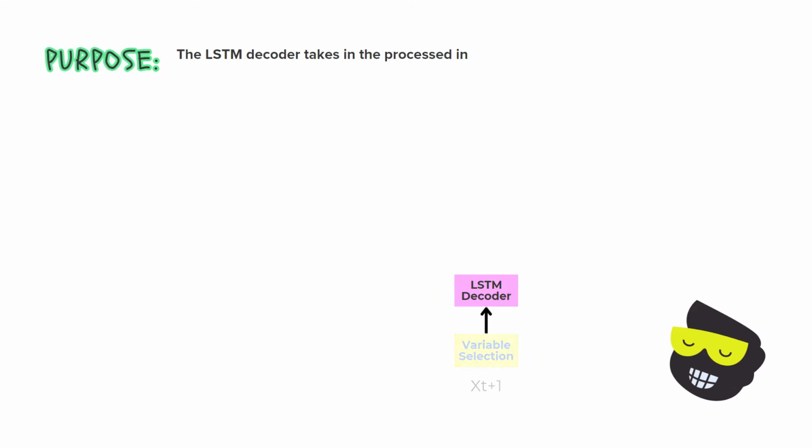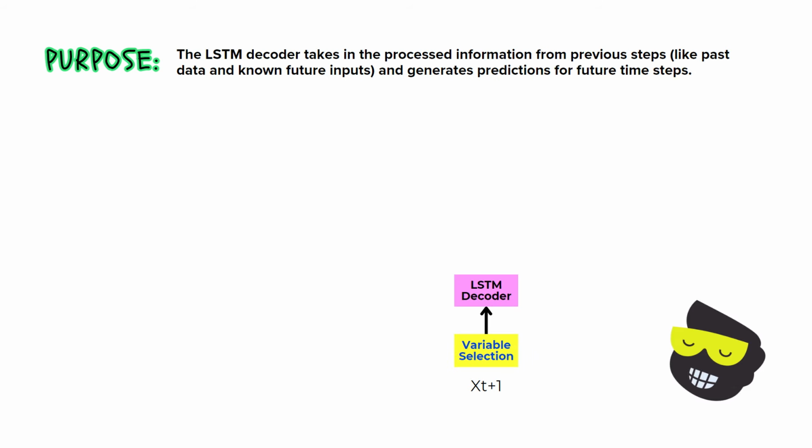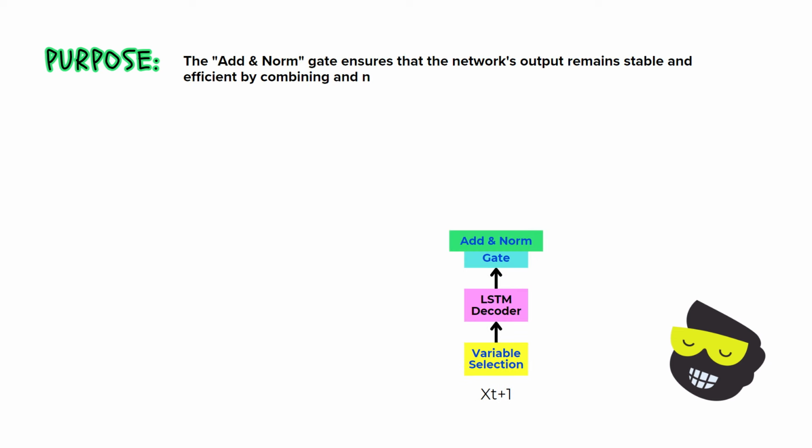Then the variable selection moves to the LSTM decoder. What does it do? The LSTM decoder takes in the processed information from previous steps, such as past data and known future inputs, to generate predictions for future time steps. It receives encoded information, processes it, and predicts future values step by step, leveraging its memory to consider both recent and long-term data. Finally, the add and norm gate is crucial for maintaining the stability and efficiency of the network's output.